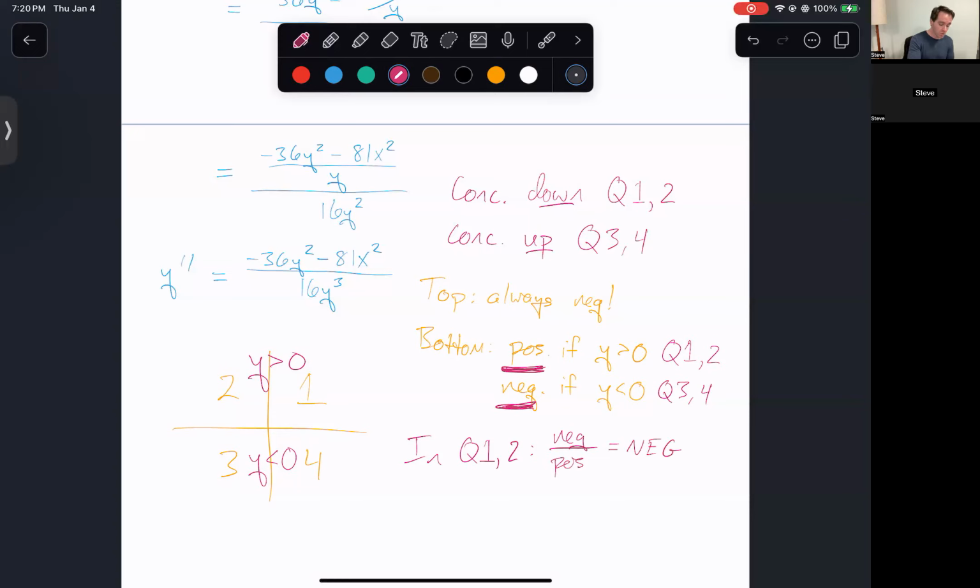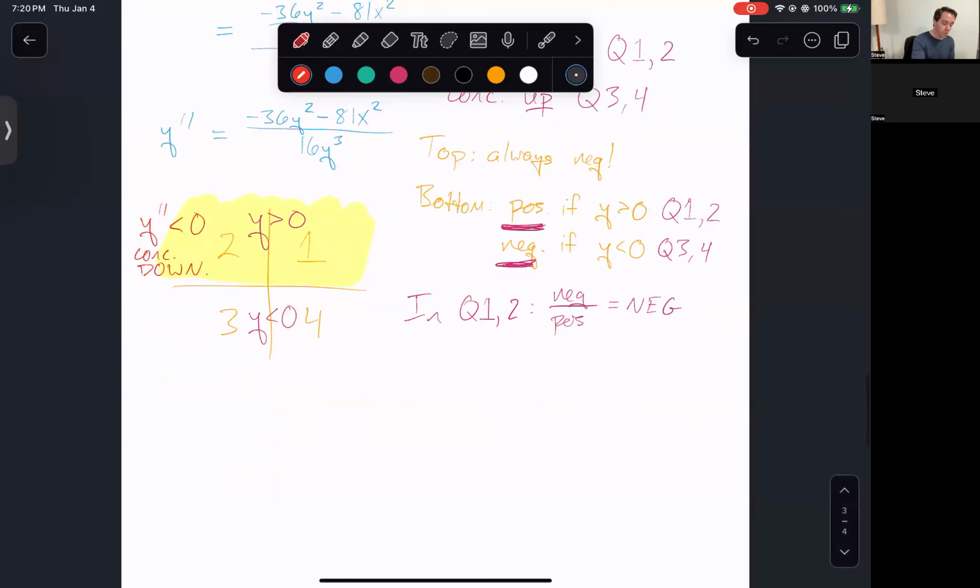So up here in this area, you know for a fact that you've got a second derivative that is negative. Well, that means you're concave down, right? Oh, it's coming together.